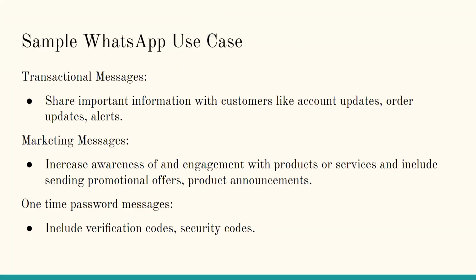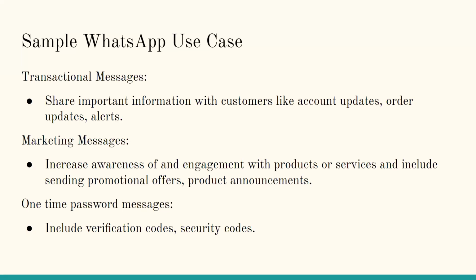With regards to transactional messages, you can share important information like account updates, customer updates, or alerts. In terms of marketing messages, you can send promotional WhatsApp messages, or if there is a new product announcement, you can use it for that as well.